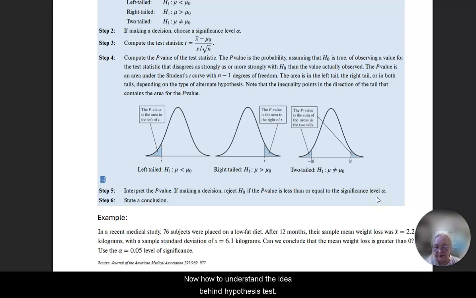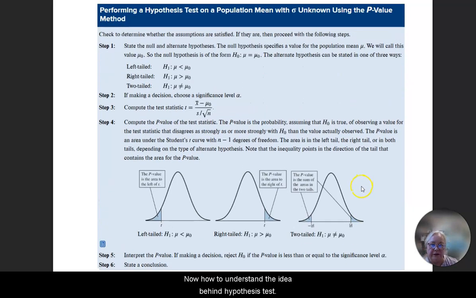Now, how to understand that? The idea behind hypothesis tests is such that for some period of time, we believe that a certain parameter is equal to mu naught. For instance, we believe that the average age of students at a certain university is 18 years.